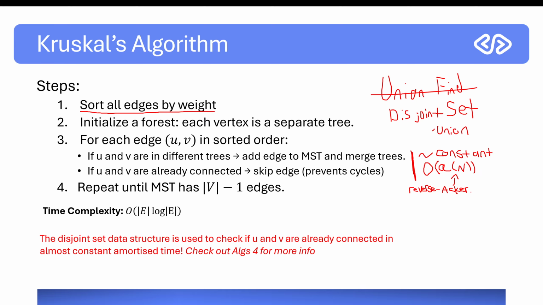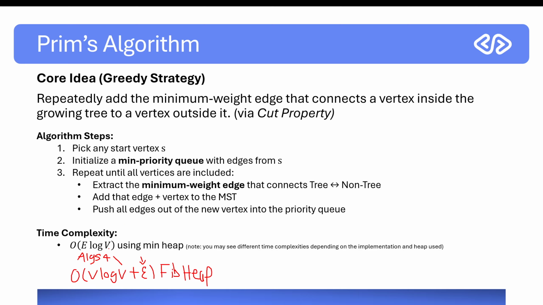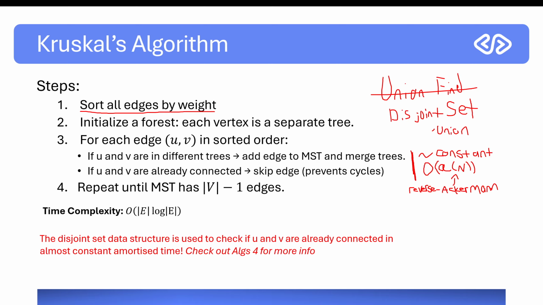This reverse Ackermann function grows so much slower than log n. This is probably the most efficient data structure I've seen. So that's something to consider. But again, Kruskal's is E log E time, while this one is E log V time. So depending on whether you're on sparse or dense graphs, you choose accordingly.